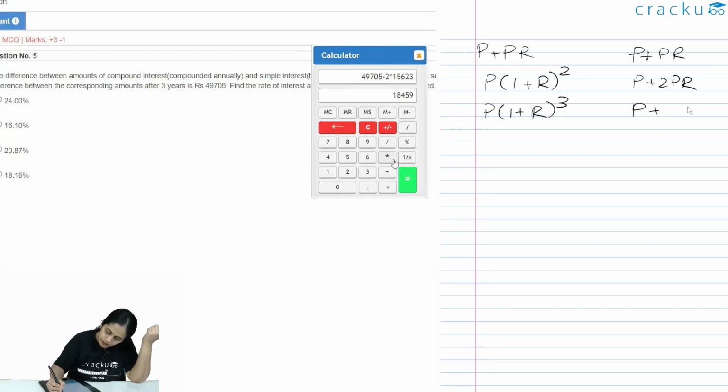This will be P plus 3PR. So the difference in the second year, T2 difference would be basically P plus 2PR plus PR square. So this is PR square. T3 will be equal to 1 plus 3R plus 3R square plus R cube, right?